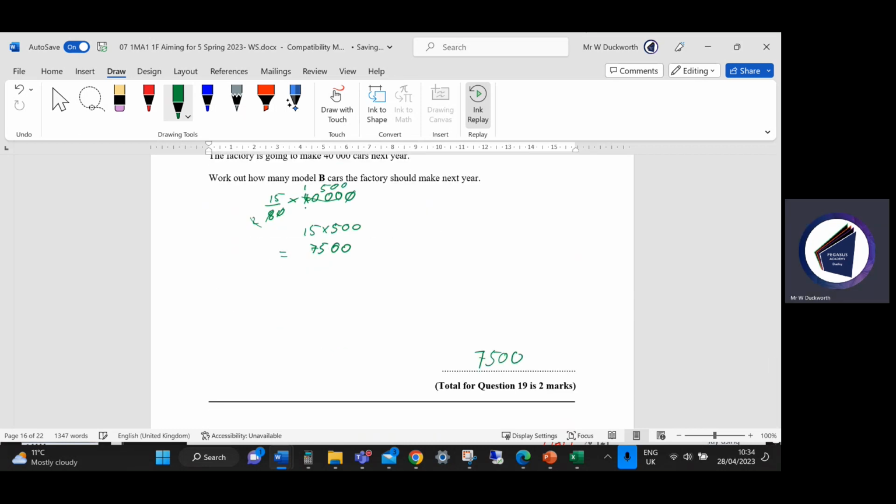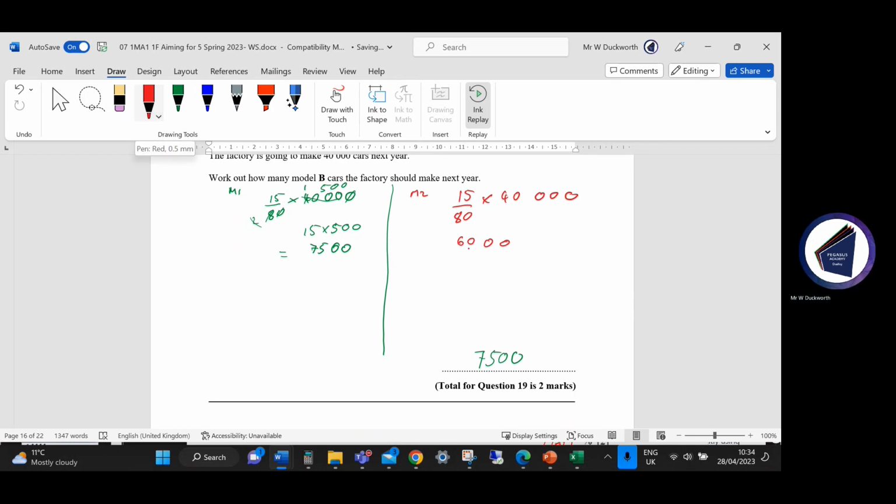If you're not happy with the cancelling and you want to do the full multiplication, that's absolutely fine. We would have been doing 15 over 80 times by 40,000. Well, 15 times by 4 would give you 60, and then the 4 zeros, divided by 80. So then you'd be cancelling down.